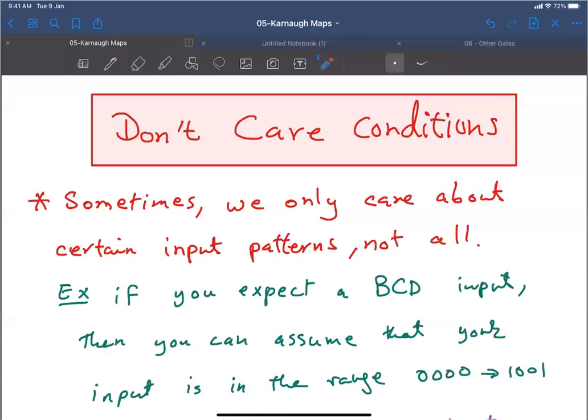So we call this input a don't care input, and the output is going to be a don't care condition. Meaning that we don't care about the value of the function at this given input. We don't care whether the value here is 1 or 0, because this input belongs to the don't care conditions.